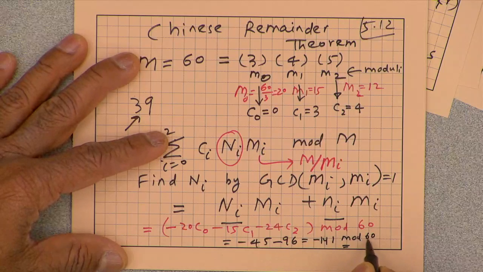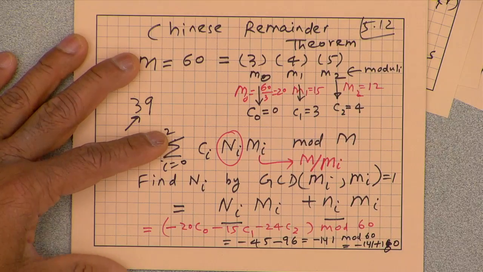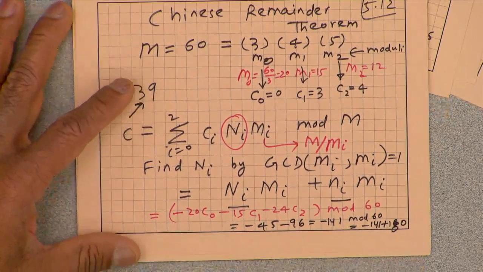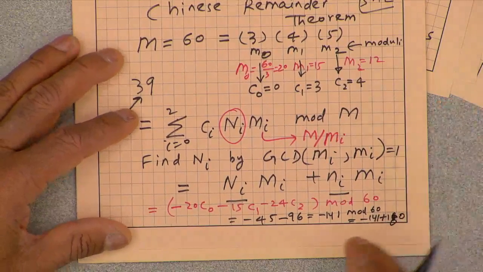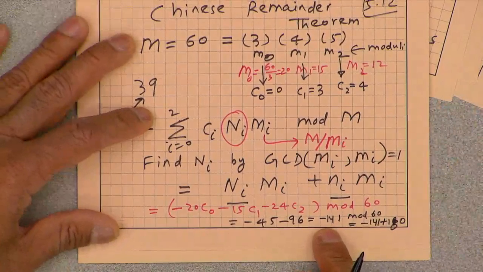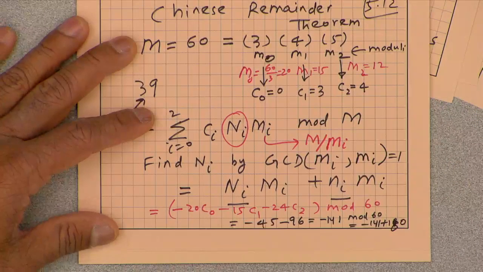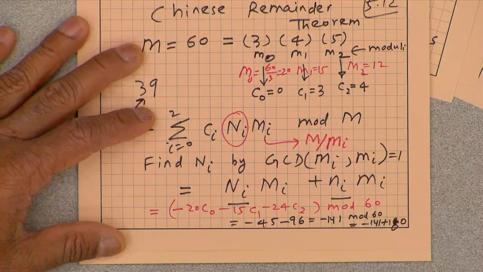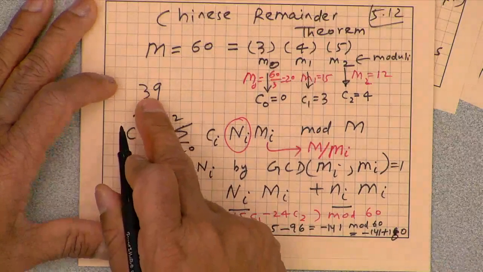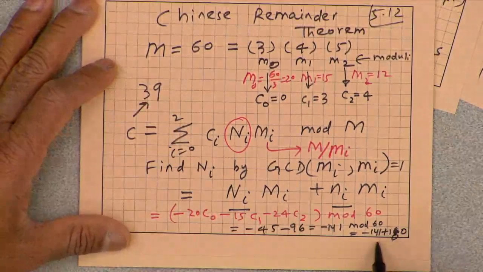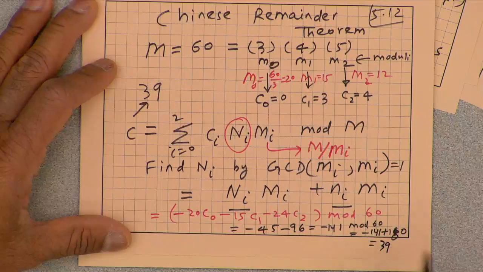I want to bring that number back to the range from 1 to 59. So to make that positive with respect to modulo 60, I need to add 60 times 3, which is 180. 180 minus 141, lo and behold, is 39. So that's equal to 39.